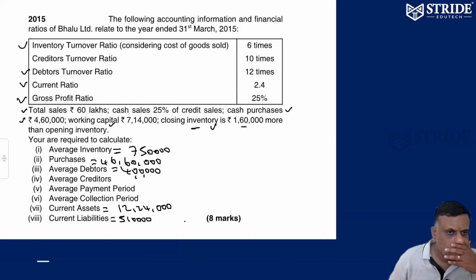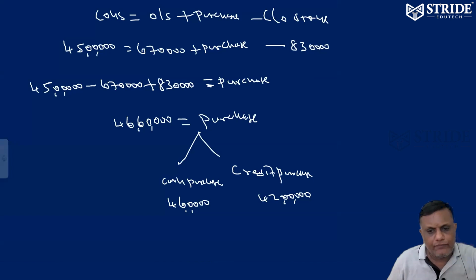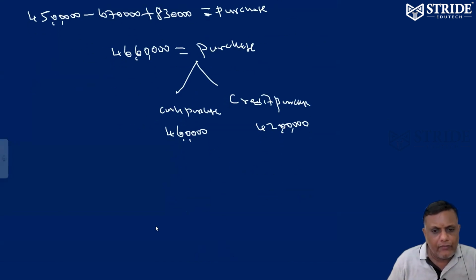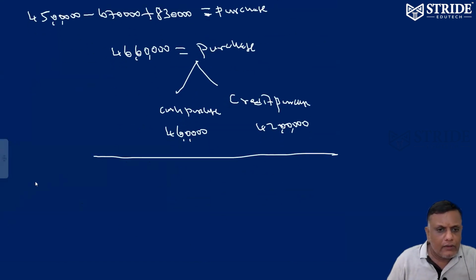Next, once credit purchase is known, then automatically we can use the creditor turnover ratio.